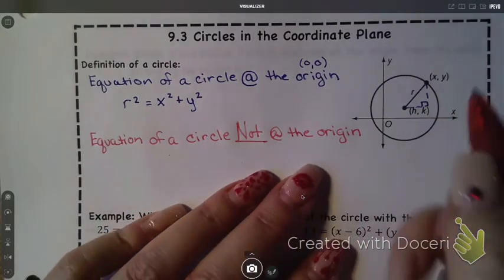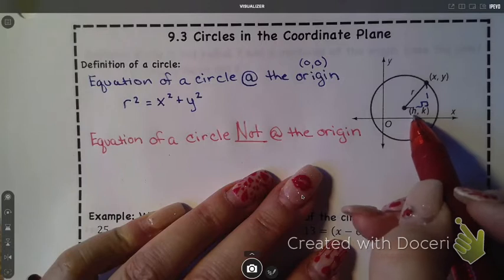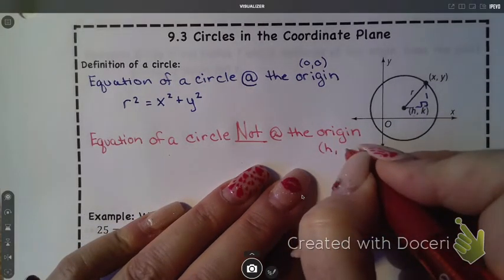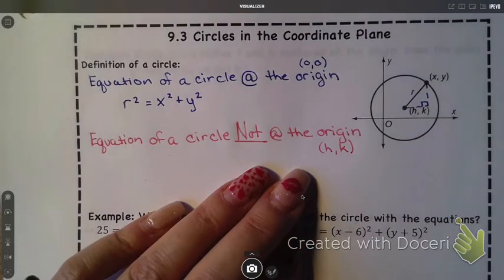And if we look at our picture over here, what's the center of the circle? What did they give you, a point? What is it? h, k. So not at the origin is h and k. Okay?